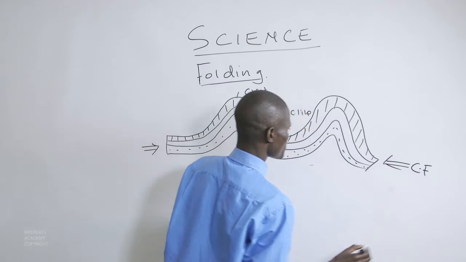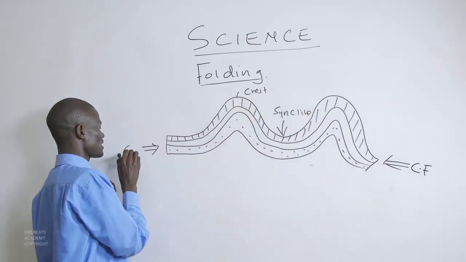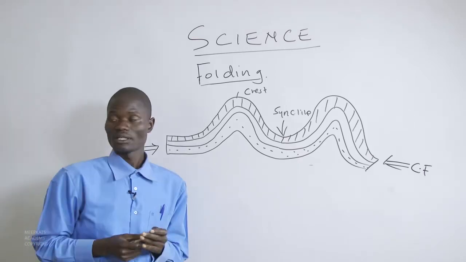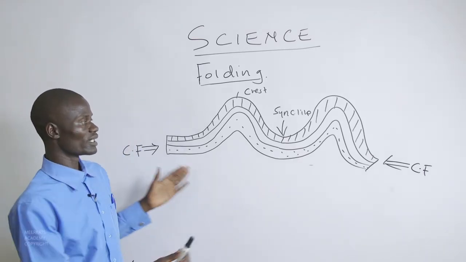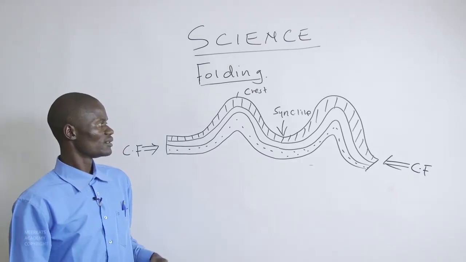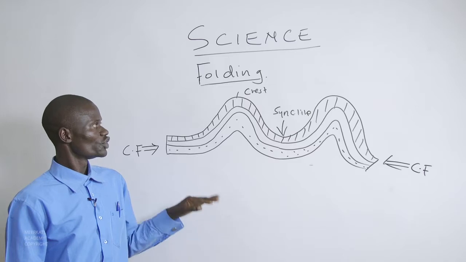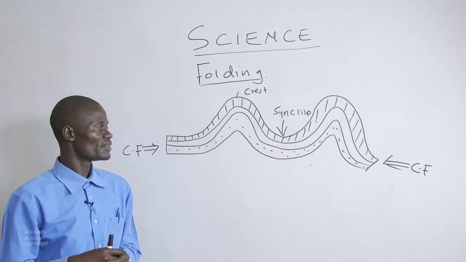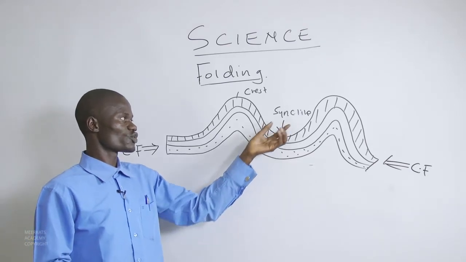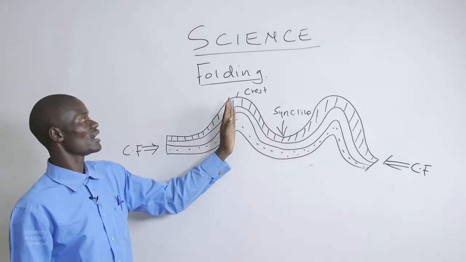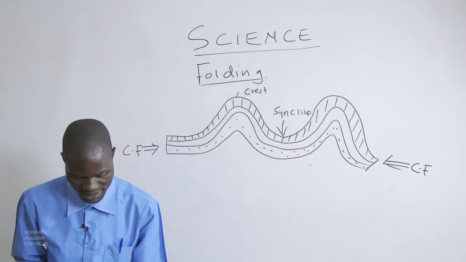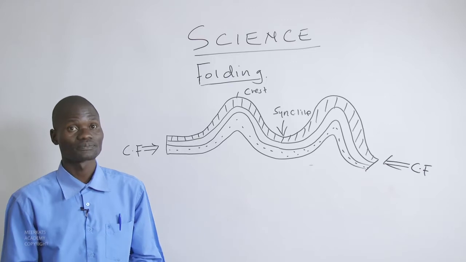I will use CF as an indicator of compressional forces. Therefore, when this force squeezes these crustal rocks together, it may result in such a feature, producing a down trough that is referred to as the syncline, and then the uplifted part, which is referred to as the crest.